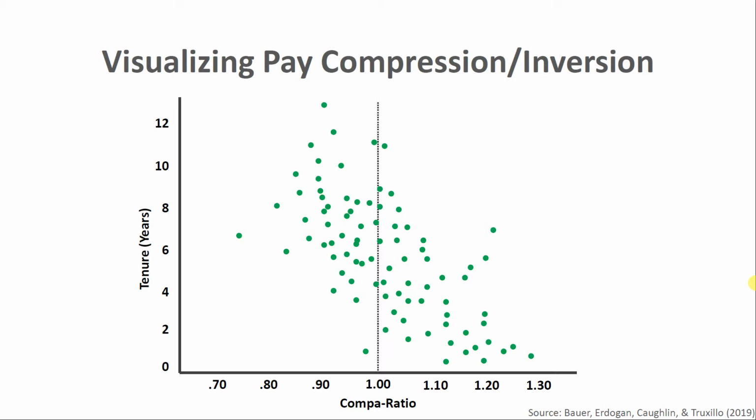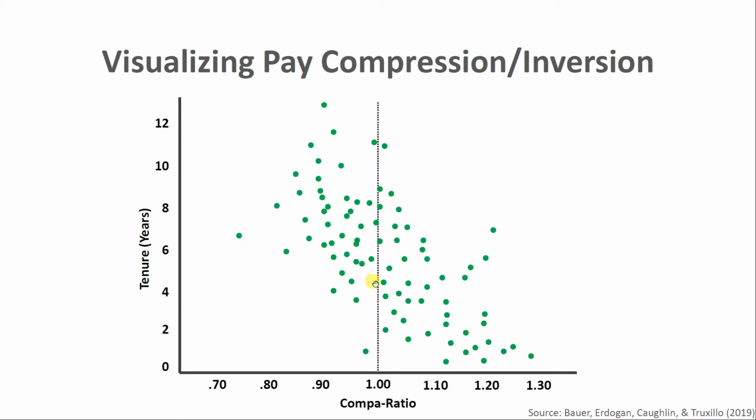And so here's an example of using a data visualization called a scatter plot, in which we have on our x-axis the compa-ratio values for individual employees, where each one of these green dots represents an individual employee. So it represents their compa-ratio in relation to their tenure or length of service in years in this organization.